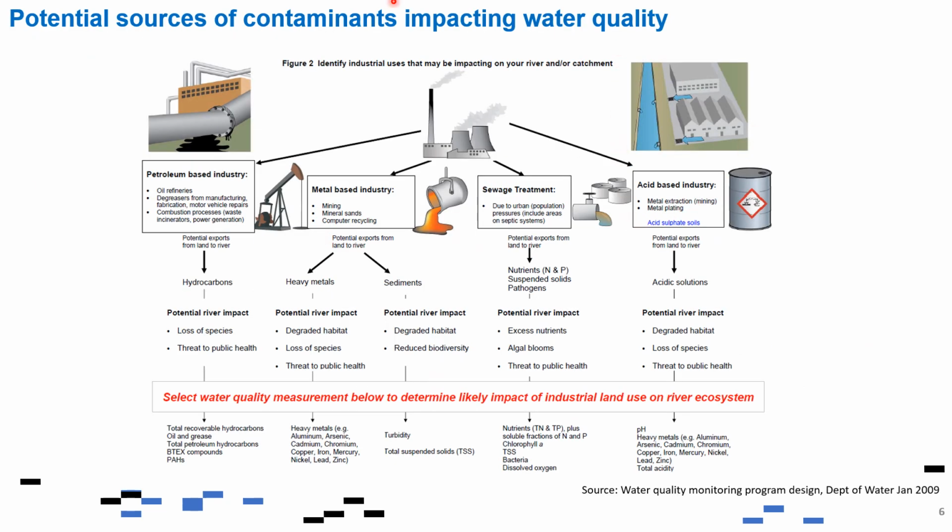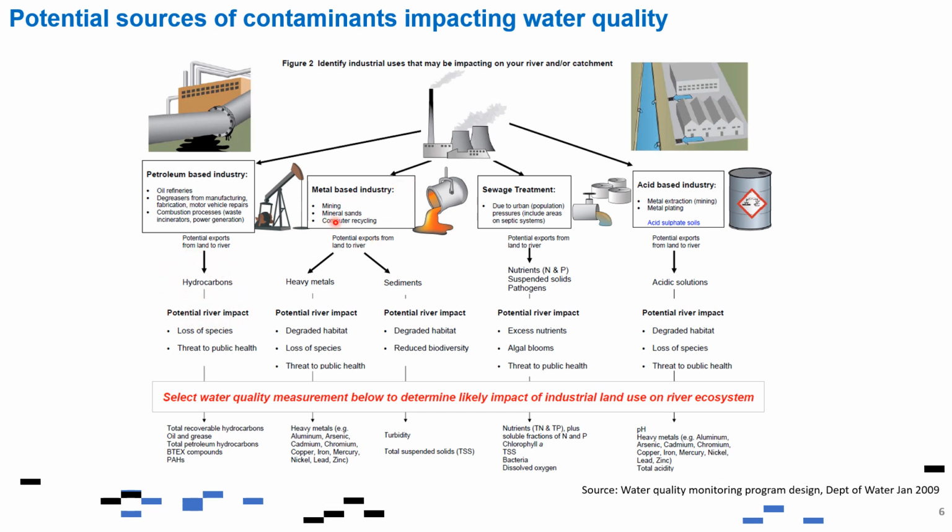So these are some of the potential sources of contaminants impacting water quality. As I mentioned before, we have point sources and non-point sources, and these are more point sources of pollution from different industries, from industrial wastewater. So we have the petroleum-based industry, some refineries there, so mainly their water will include a lot of hydrocarbons.